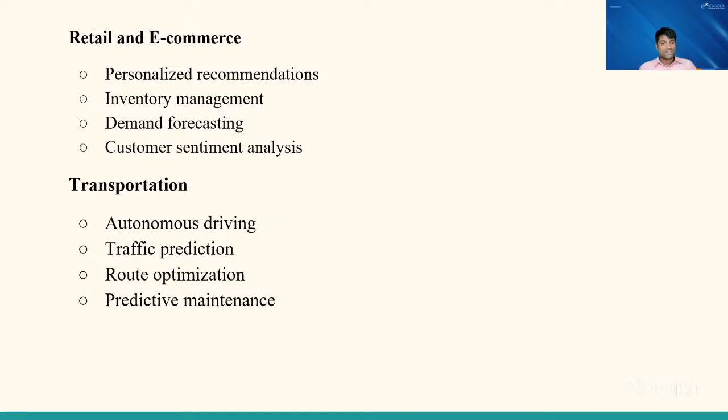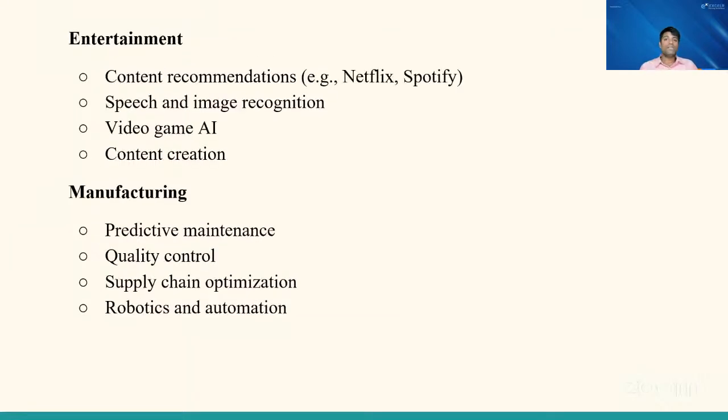Then the transportation field, where we have traffic predictions, route optimizations, and so on. So entertainment, you can see machine learning being used in the fields of content recommendations as well, like your Netflix, Amazon Prime, Spotify, and all those things. And then you can see speech recognition, then your video games and content creation.